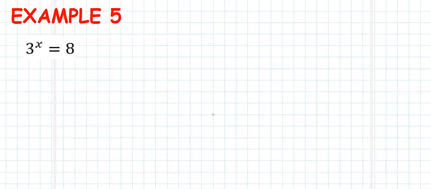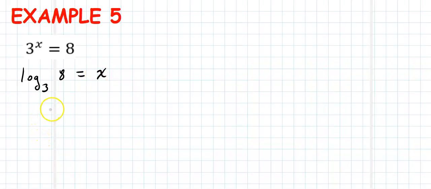But what happens if we have 3 to the x power equal 8? This is an exponential equation. So we need to rewrite it as a logarithmic equation. In this case, the base is 3. So we can write logarithm base 3 of 8 is equal to x.